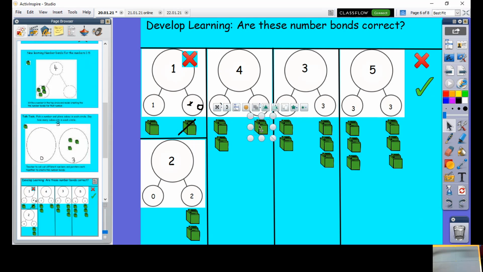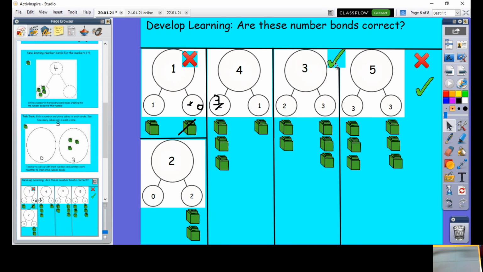Okay, so I'm going to add 1 more cube. I'm going to put it over here. So now let's count our number bonds. So 1, 2, 3. I've got to change that number. So I put 1 line through it, and I can write 3. Okay. 3 and 1 makes 4. Lovely. What about this one, boys and girls?